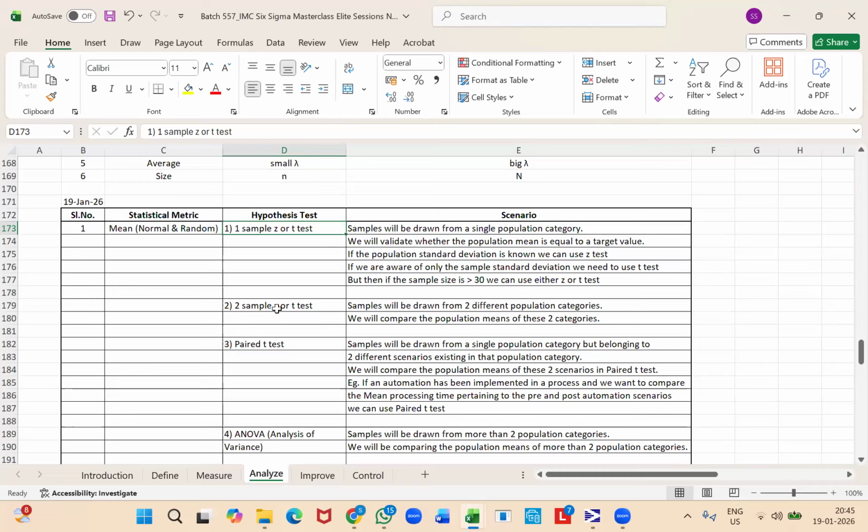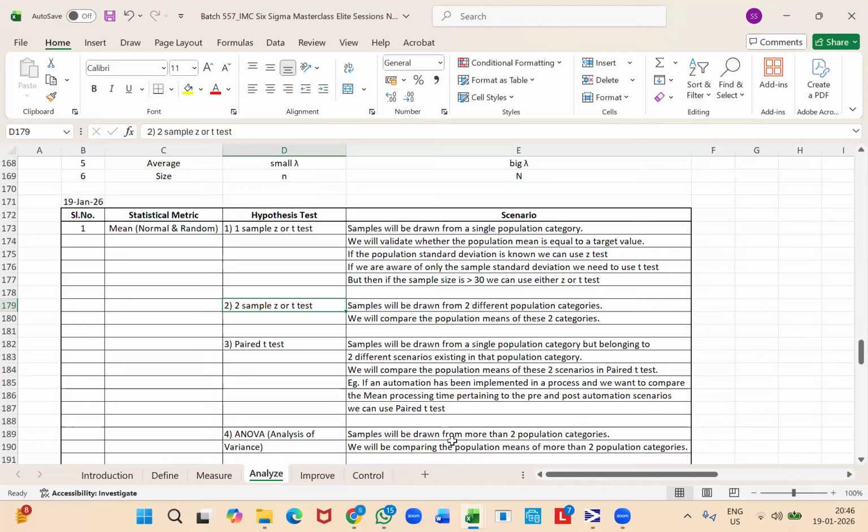And the second hypothesis test under mean is two sample mean test. Again, two samples Z or T test. The criteria as to whether we need to apply Z test or T test is the same as we saw for one sample mean test. But in two sample mean test, as the name itself suggests, the samples will be drawn from two different population categories, and we would be comparing the population means of these two categories.